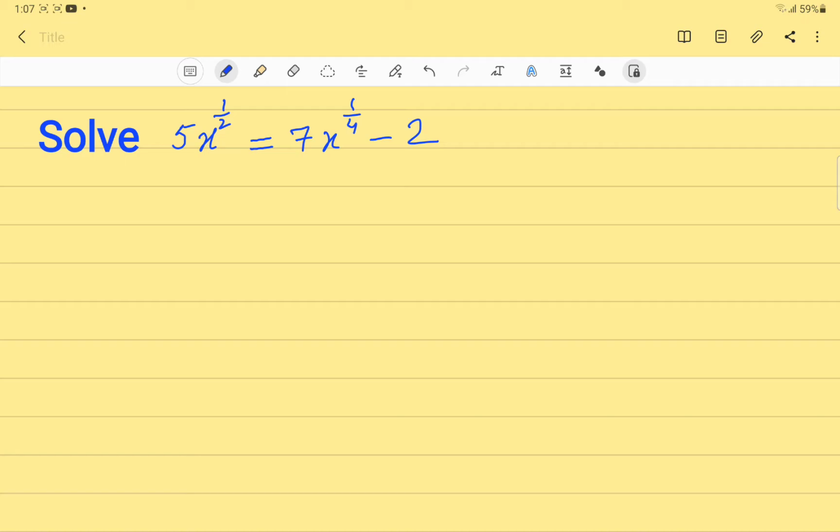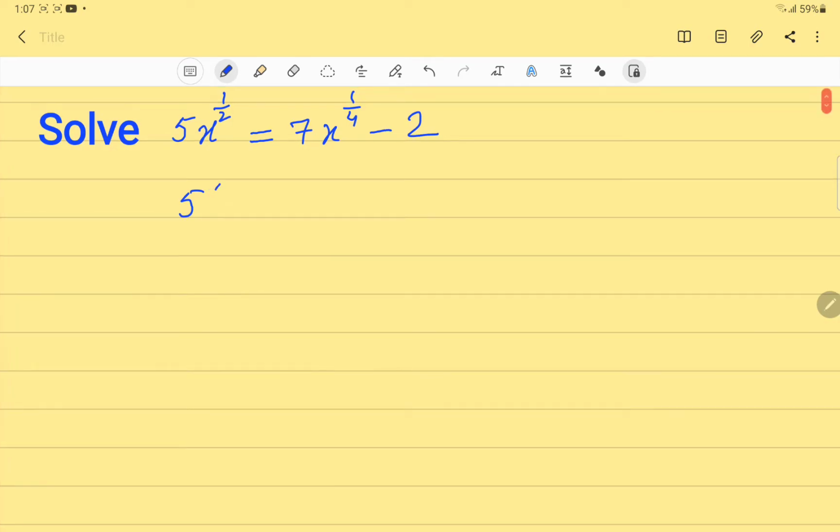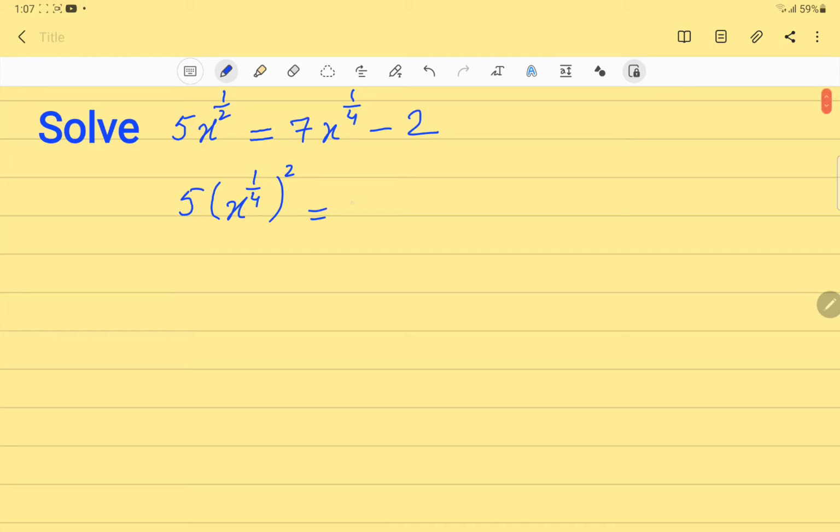This equation can be rewritten as 5 into x raised to power 1 over 4 and then its square is equal to 7x raised to power 1 over 4 minus 2.